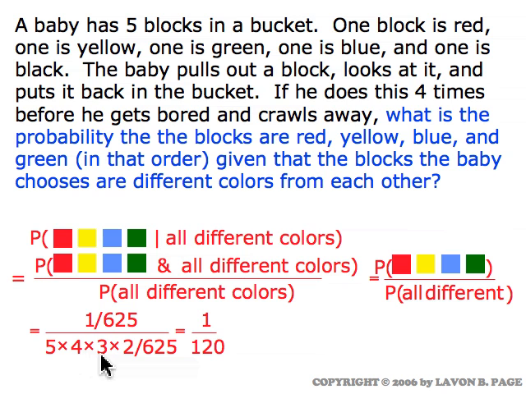So that's 5 times 4 times 3 times 2 possibilities for a color sequence where all the colors drawn are different out of the 625 possible color sequences. So this is the number that agrees with the probability in the denominator. And if we do the arithmetic here, cancel the 625s, that's 1 divided by 5 times 4 times 3 times 2, which is 1 over 120 as the conditional probability that we're looking for.